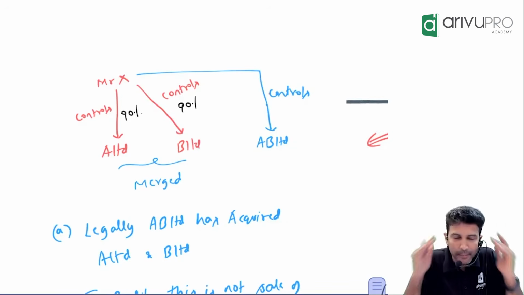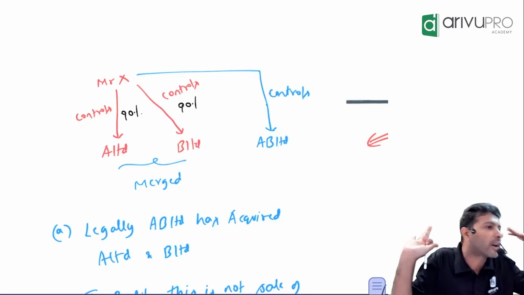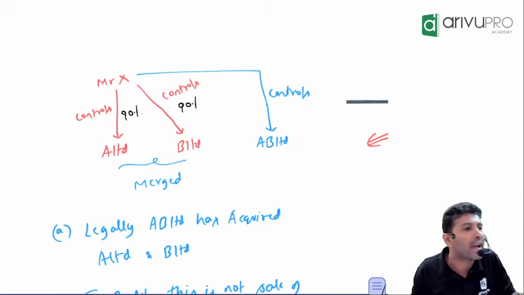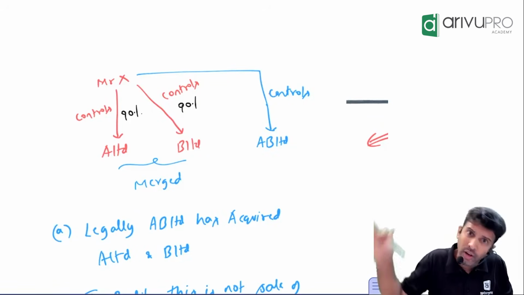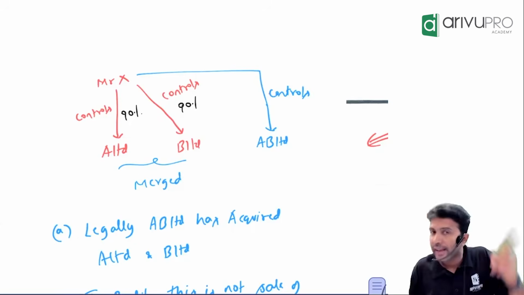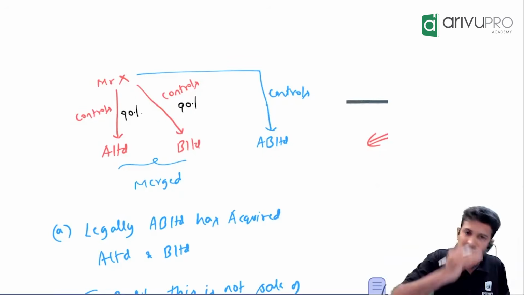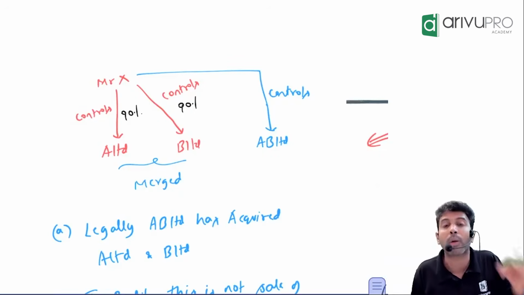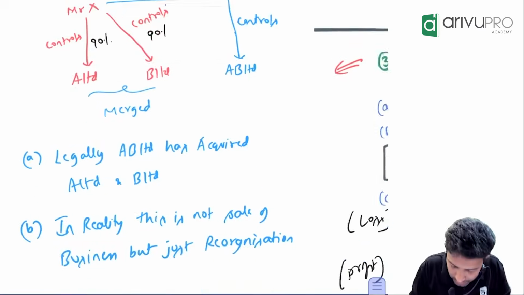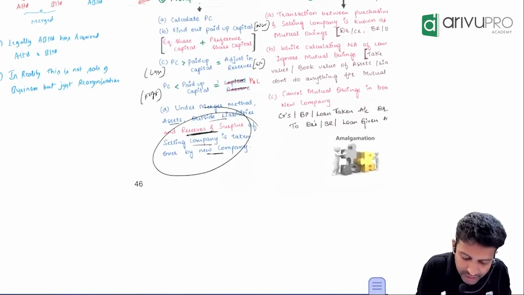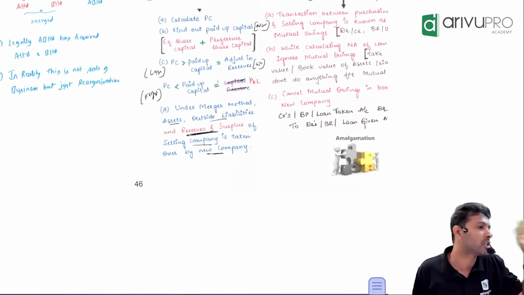In reshuffling, is agreed value required or not? Not required. Every transaction will happen at book value. Will any asset be left out, or will everything be taken over? Will any liability be missed, or will everything be taken over? Everything will be taken over. At what value? Book value. Only that, or even reserves and surplus? Even the reserves and surplus of the selling company will be taken over by the purchasing company.